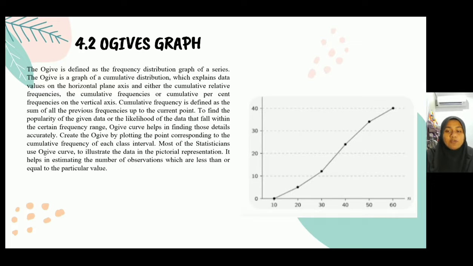To find the popularity of the given data or the likelihood of the data that fall within a certain frequency range, the ogive curve fits those details accurately. Create the ogive by plotting the point corresponding to the cumulative frequency of each class interval. Most statisticians use the ogive curve to illustrate the data visually, and it helps in estimating the number of observations which are less than or equal to a particular value.